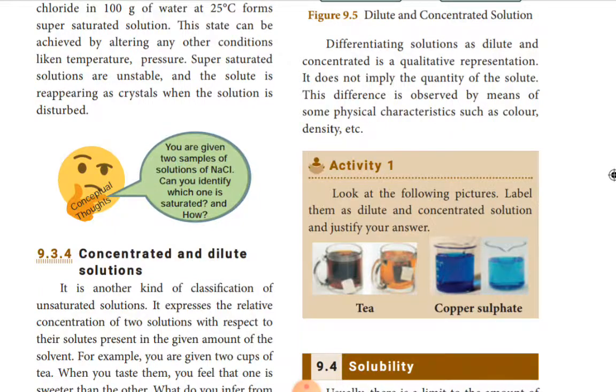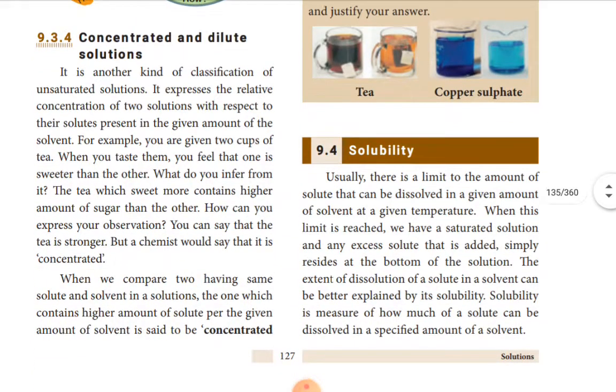Then solubility. Usually there is a limit to the amount of solid that can be dissolved in a given amount of solvent at a given temperature. We cannot dissolve any amount of salt or solid in the given amount of solvent. There is a limit.